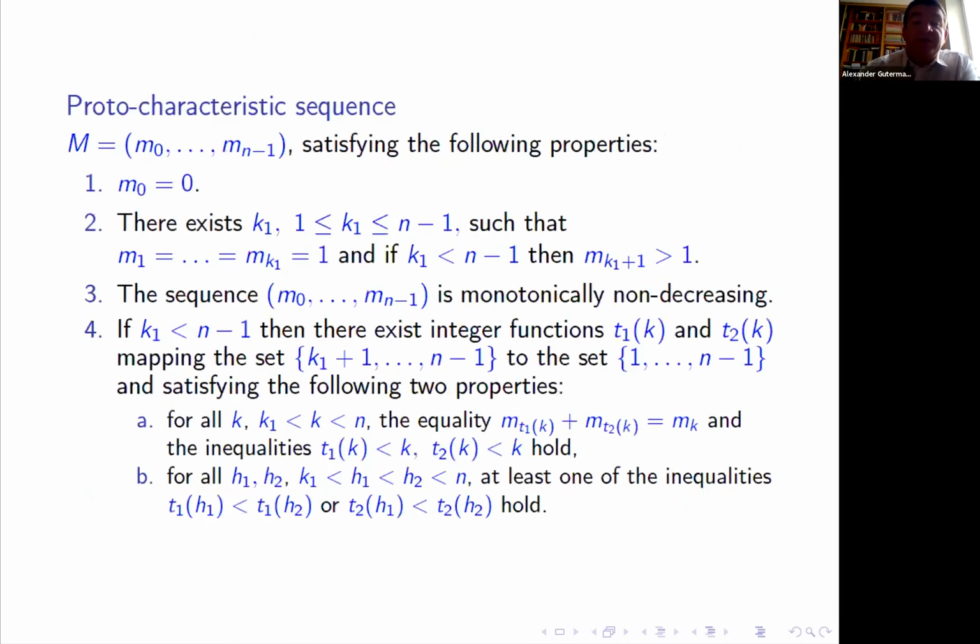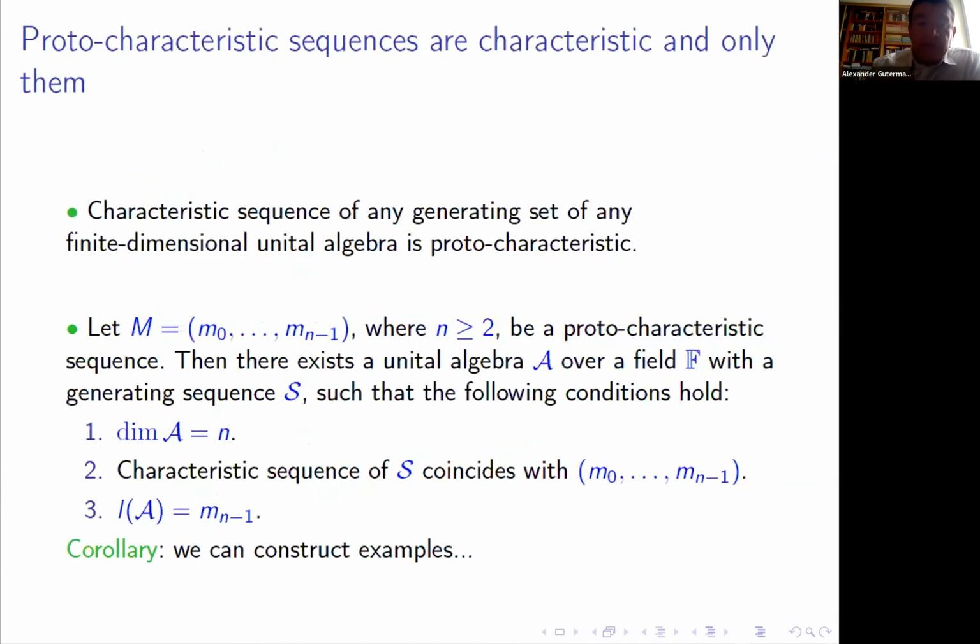But it turns out that such behavior of the characteristic sequence of a non-associative algebra allows us to characterize it in certain combinatorial terms. So we define a certain notion of proto-characteristic sequence. Here, consider that it is monotonically non-decreasing and has this behavior of additive chains, with a few other details.